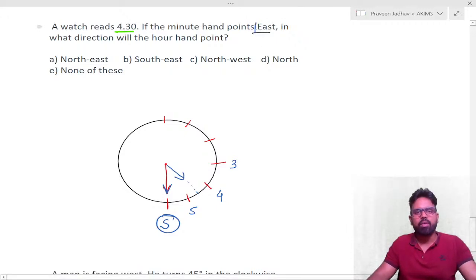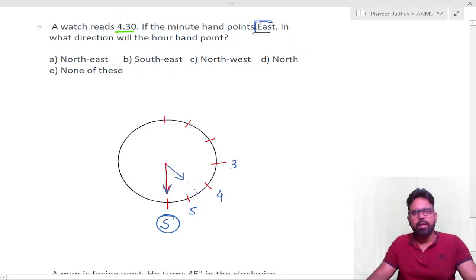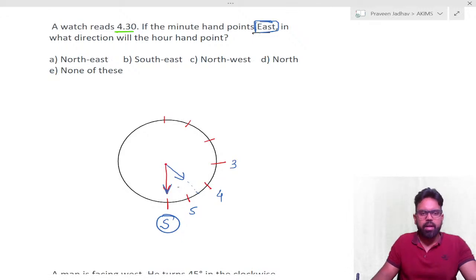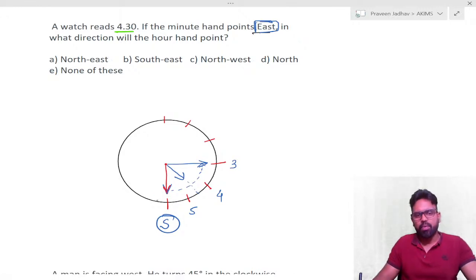What does my common sense say? When it is 4:30, it will be pointing south, but it should be pointing east. Minute hand should be pointing east.